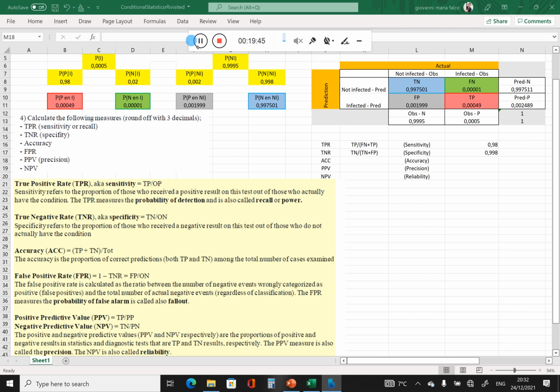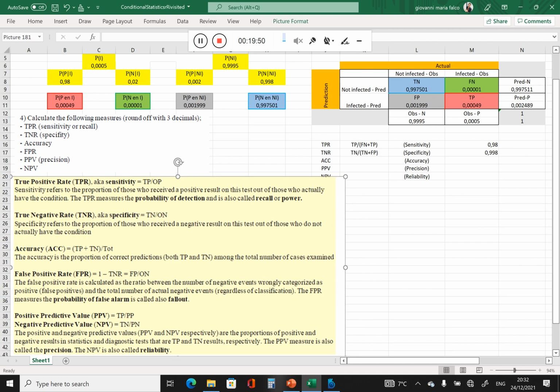Then the next measure that we are going to consider is the accuracy. And so we see that the accuracy is given by the ratio of the correct predictions against the total number of cases.